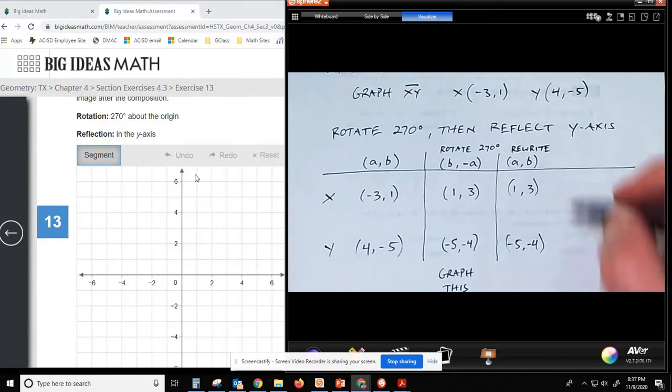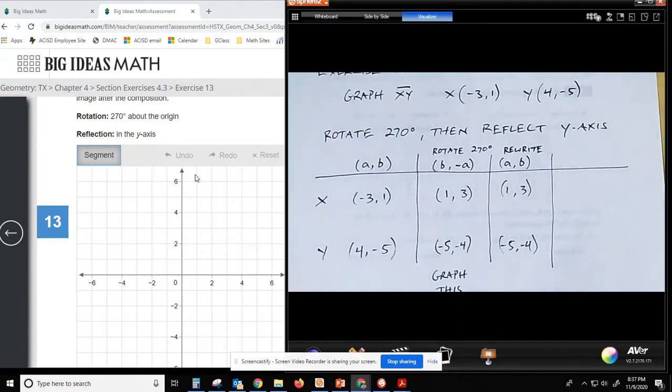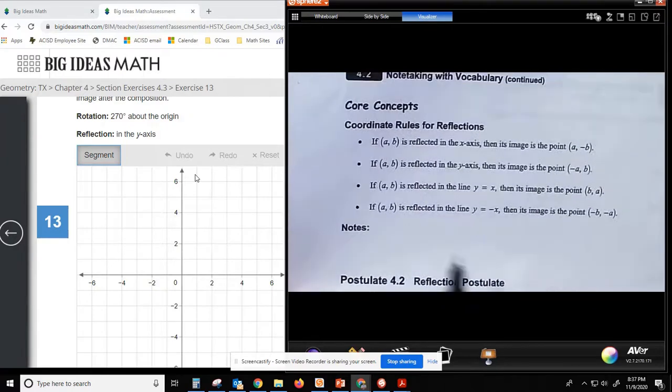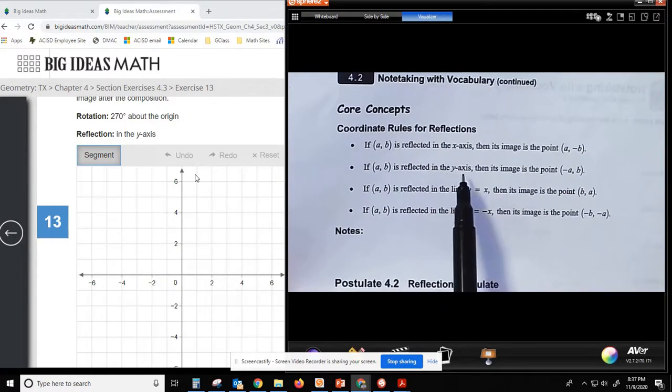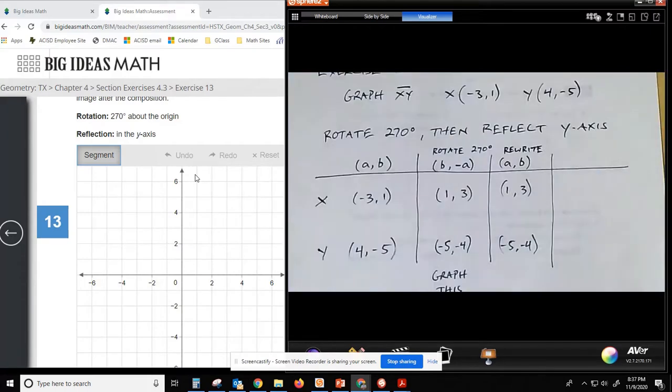And here we go. My last move is to dig up the notes from the other day on reflection and find the rule for reflecting over the y-axis. Here it is. If (A, B) is reflected in the y-axis, then its image is the point (-A, B). Okay, that's why I rewrote it, so I can go back to the other notes.